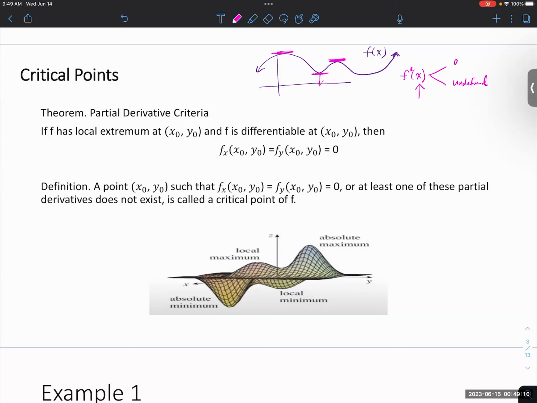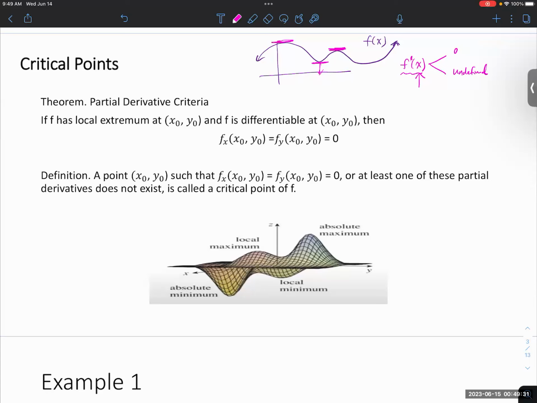Do you remember that? In this topic, we're going to talk about functions of two or more variables. The same concept is going to be applied. The only difference is that now we're going to work with partial derivatives instead of just taking the derivative of the function, because we are dealing with a function of two variables. To find the critical points, you are going to take the partial derivative with respect to x and y, and then make it equal to 0.